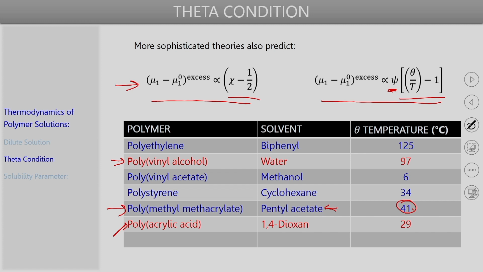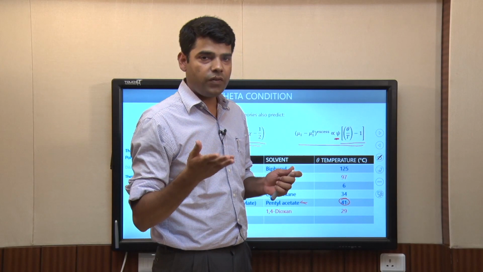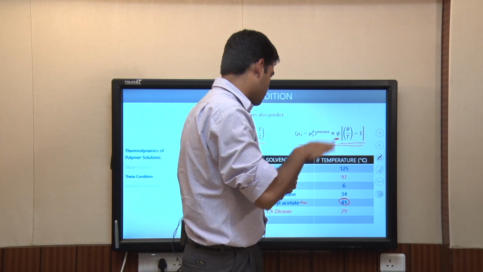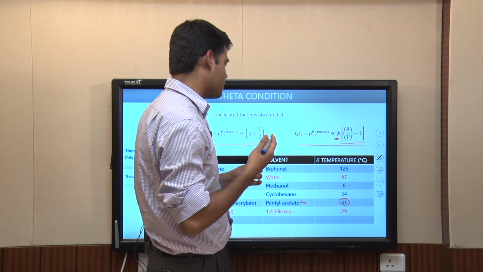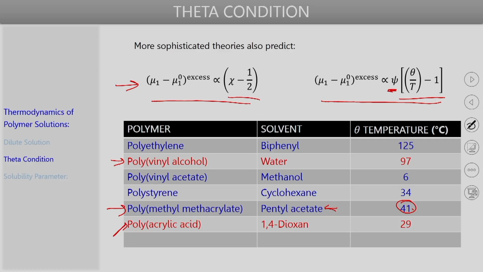Okay. So, for these two particular solutions of PVA in water and polyacrylic acid in 1,4-dioxane, if we are above the theta temperature, then basically the mixing is not favored, and the lower we are compared to the theta temperature, mixing will be favored because psi is negative for these. For all the other systems shown in blue here, the psi is positive. So, if we are above the theta temperature, then the polymer solvent mixing will be favored.